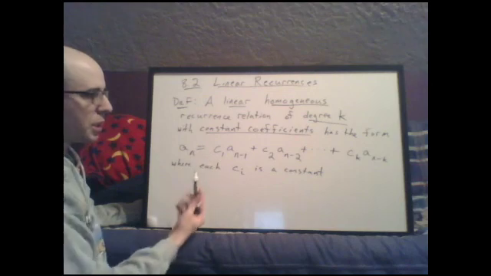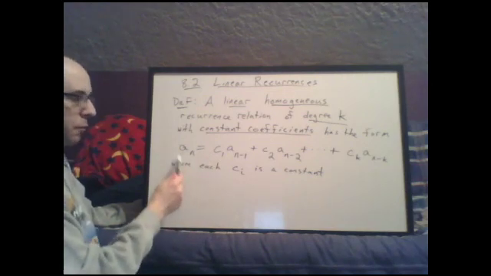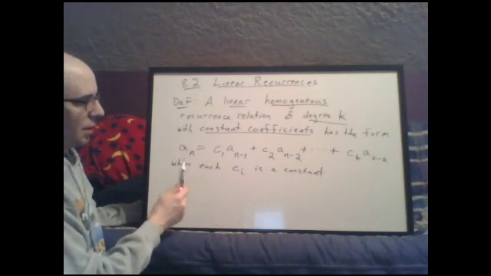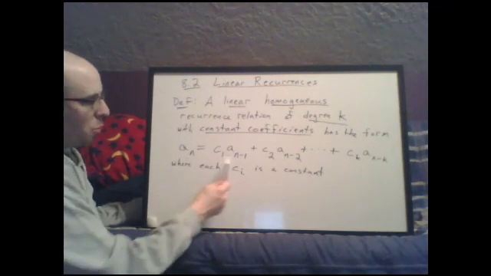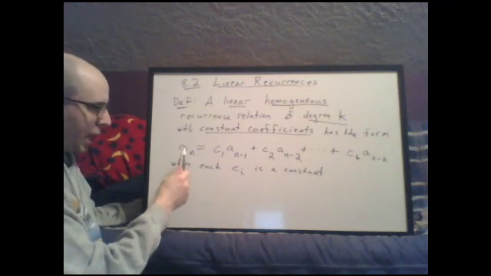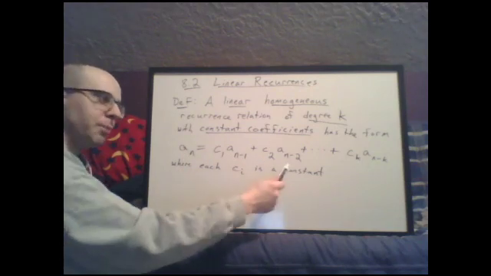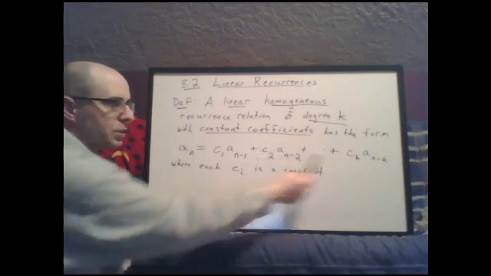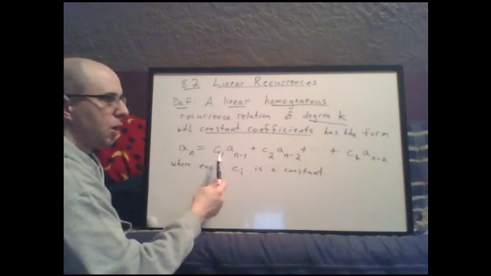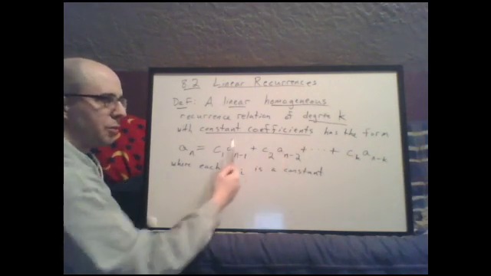A solution to this would be some formula for a sub n, some function of n. So once you have that, you know what a sub n is, you know what a sub n minus 1 is, a sub n minus 2, and so on. It's all based off of the same formula. But the coefficients on those earlier terms are constants. So that's the constant coefficient part.